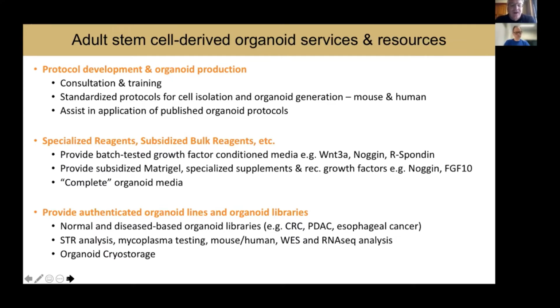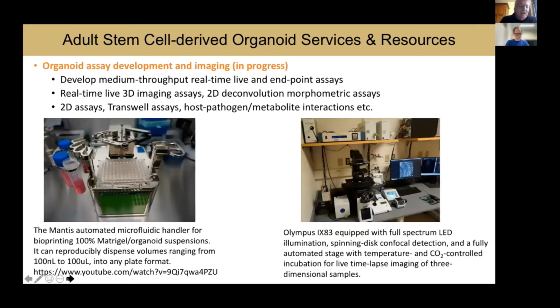We can provide organoid libraries, but we really have to have the validation, so STR analysis, mycoplasma testing, etc. And also we can store in cryostorage both organoid libraries and any types of organoid tissues that you would like.